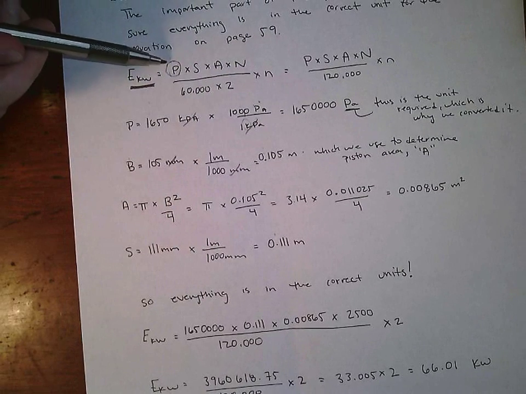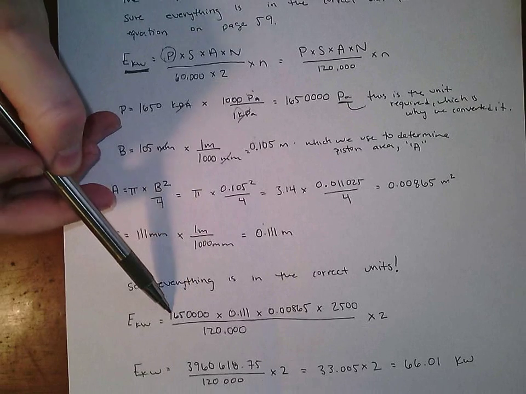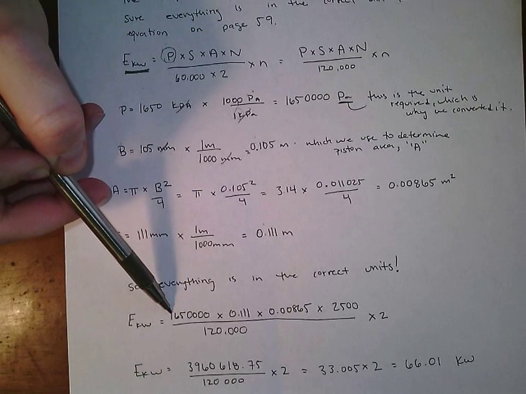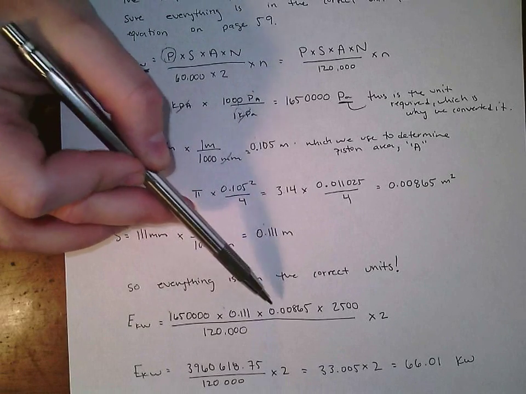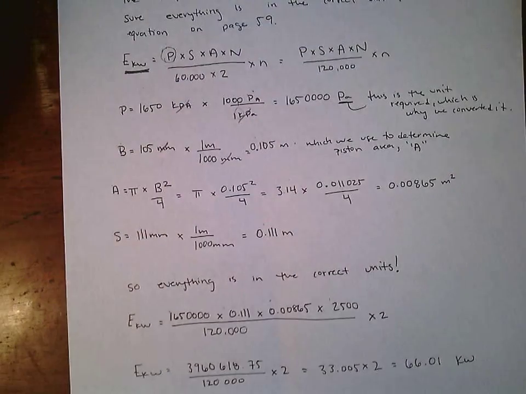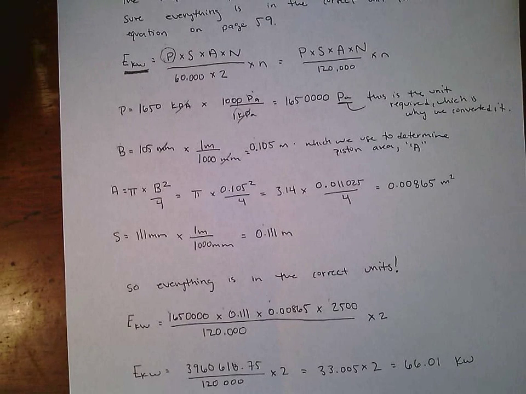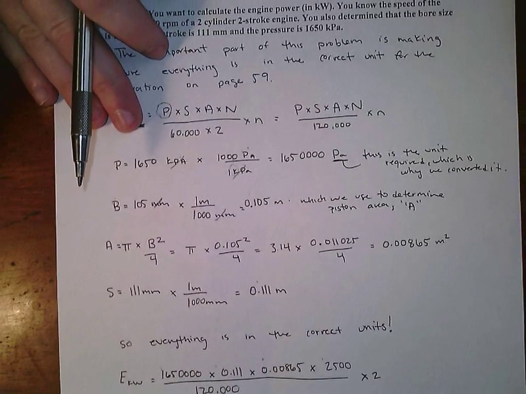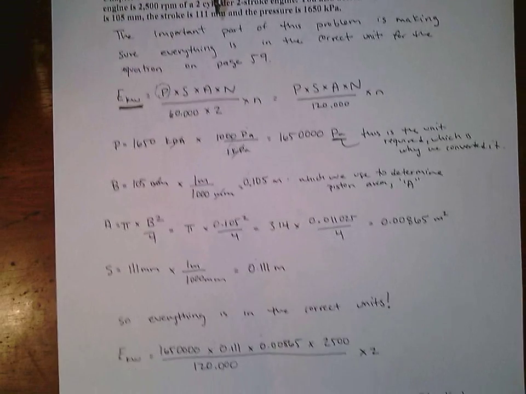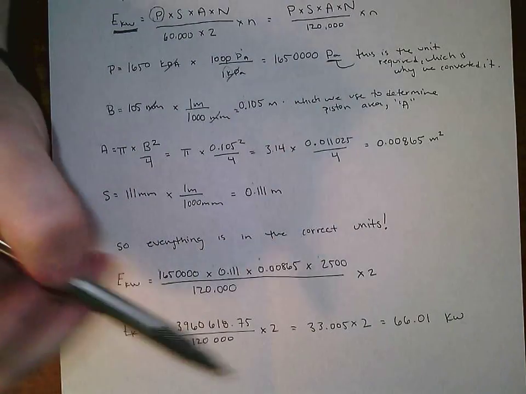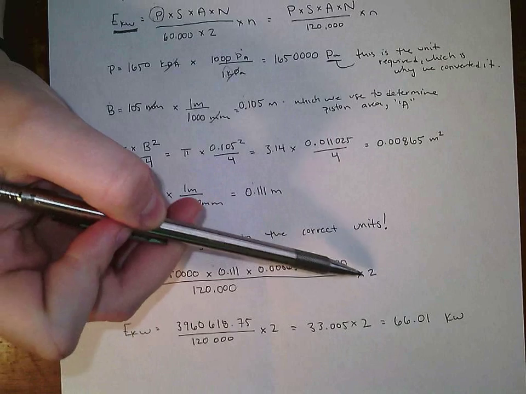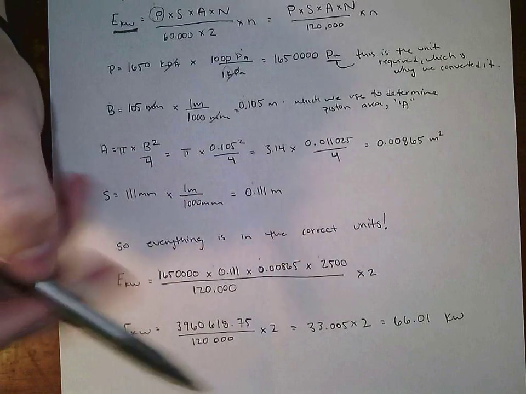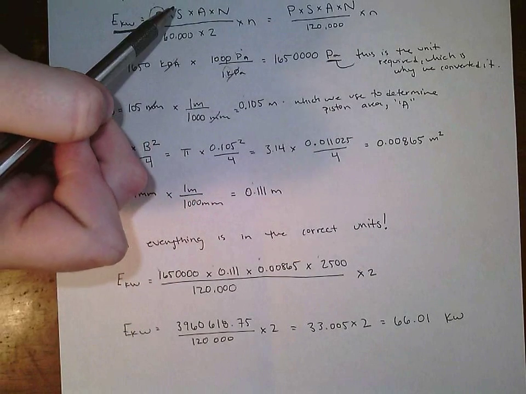For our pressure, as we calculated earlier, that's 1,650,000 pascals times the stroke times the area of the piston times the RPM given in the problem above. Also given was the number of cylinders, so that's what little n stands for.